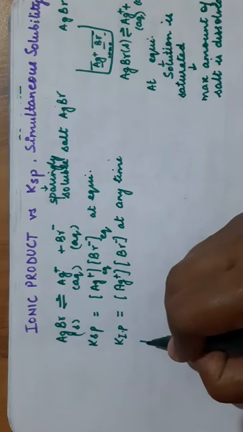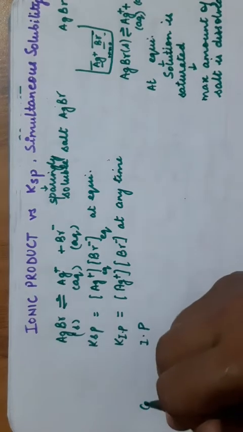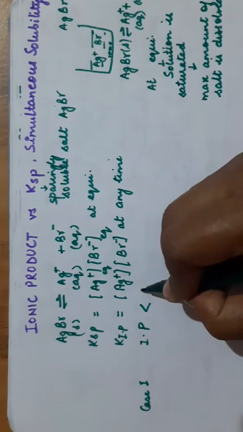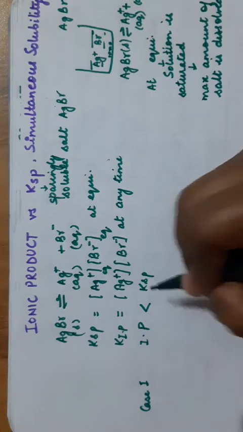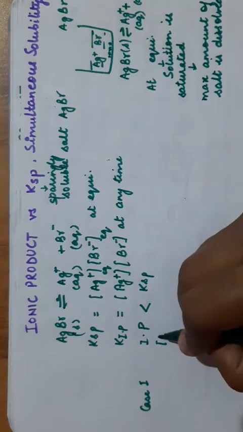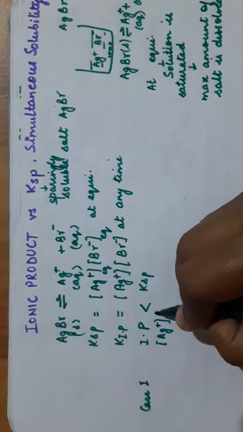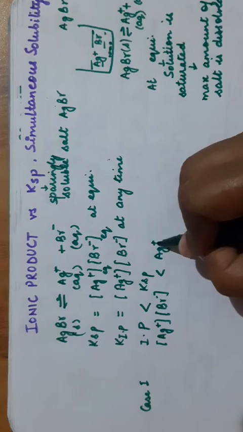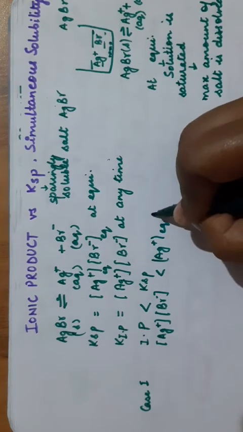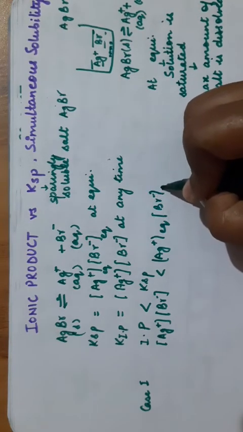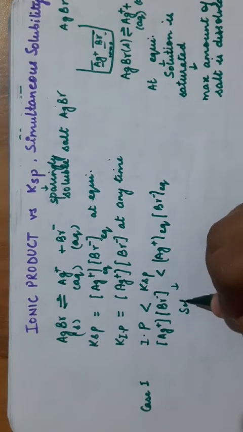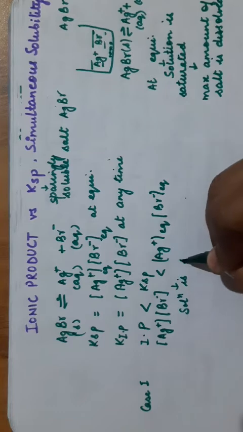Now this is case 1. If ionic product is less than KSP, what does it mean? The concentration of the ions is less than the equilibrium concentration. Clear? That means the concentration is less than what it should be at equilibrium, meaning the solution is not saturated, the solution is unsaturated.